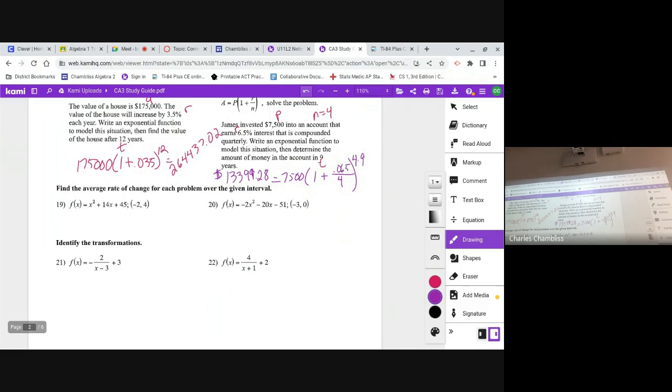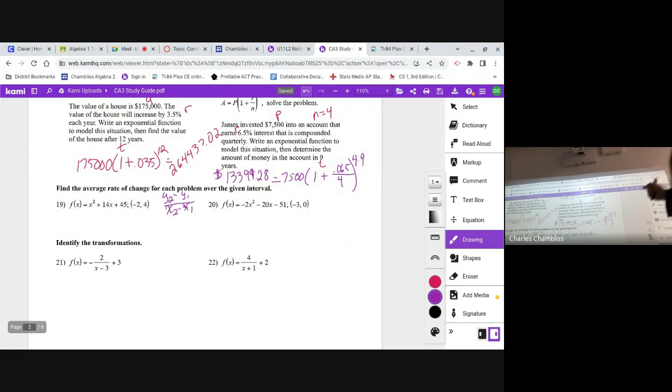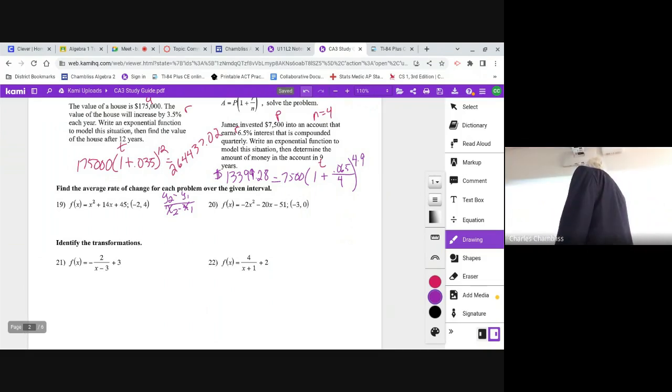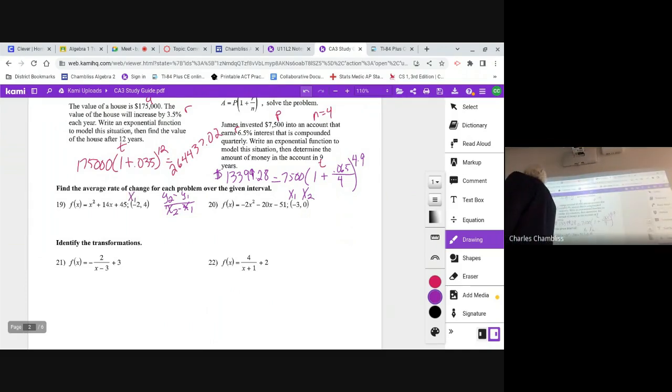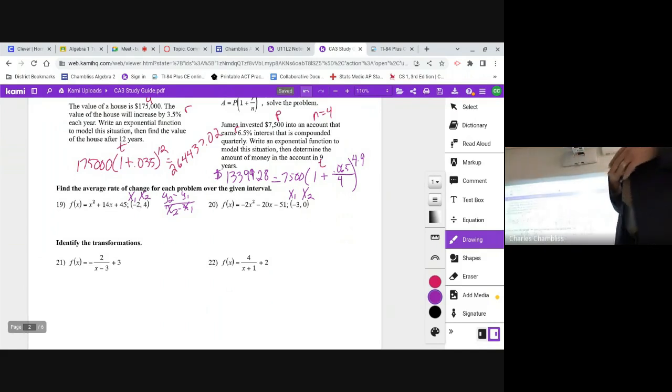The formula is y2 minus y1 over x2 minus x1. You're given the 2 x's, okay? What you're given is not an ordered pair, it's the interval of the x's, x1 and x2. What you have to do is use the function to find y.